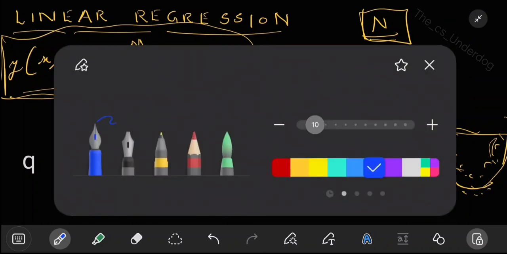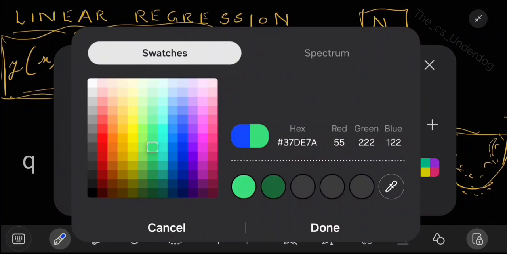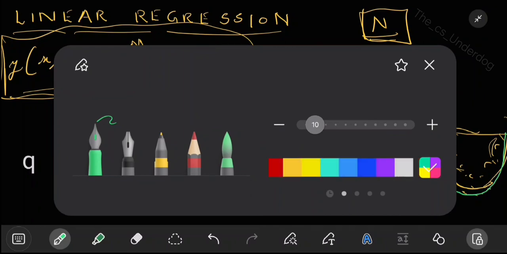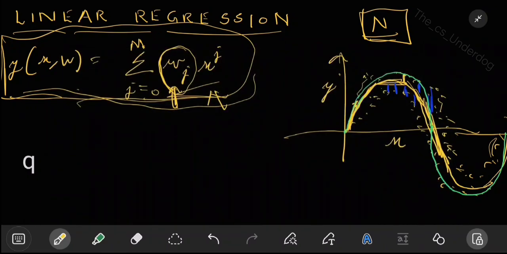That is, let's say I can find some other curve, this curve, let us assume that if this curve has lesser distance from all the points compared to the yellow curve, in that case, this green curve would turn out to be a better approximation than the yellow curve, right? So we want to find the best approximation. For that, what will we do? We have to find the curve which has the least sum of distances.